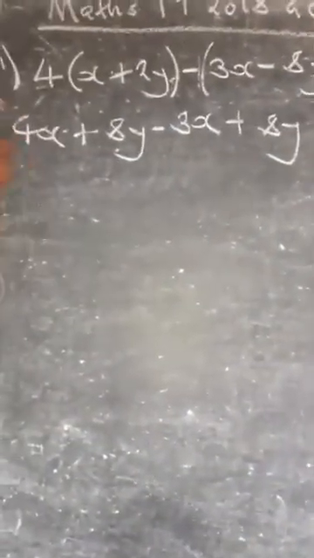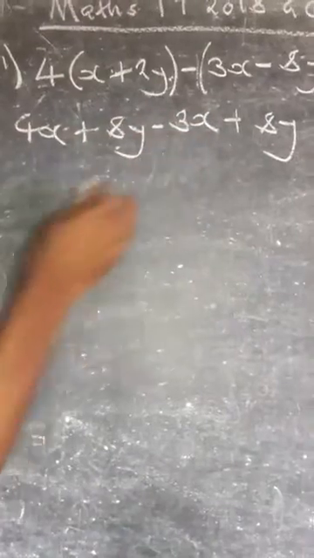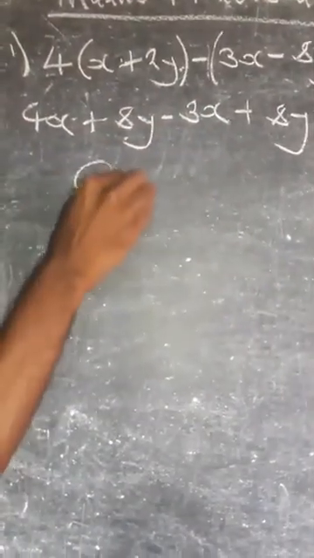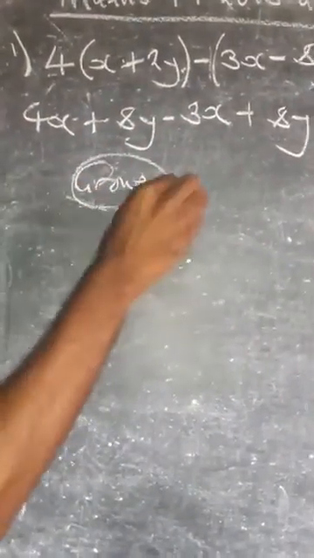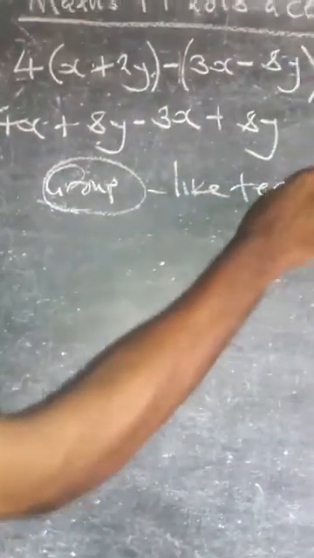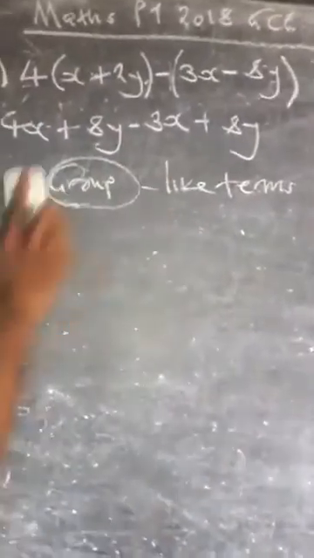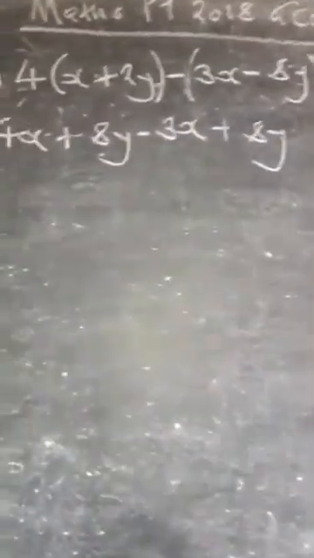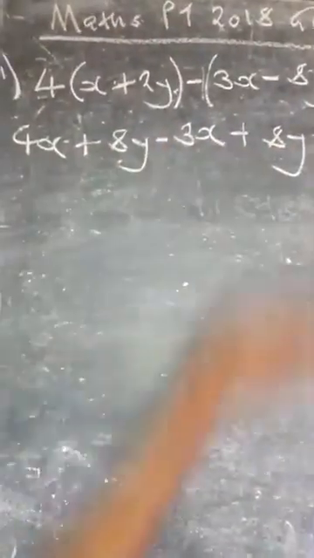So when you get here, what you do is that you group the like terms. This is the same with that, and these two are the same.